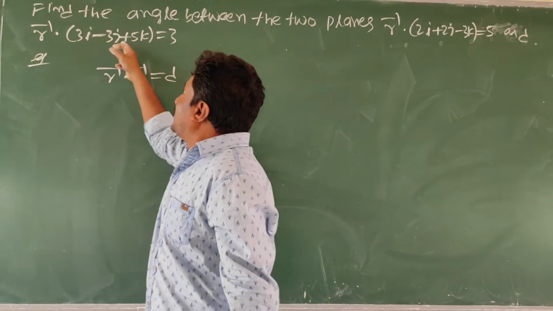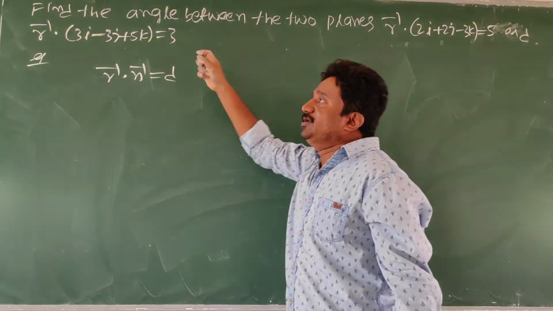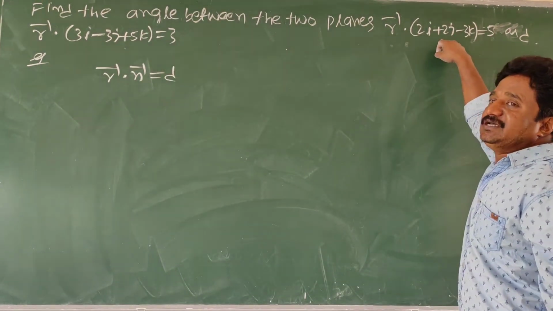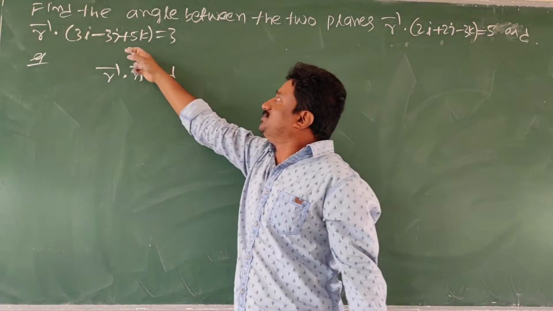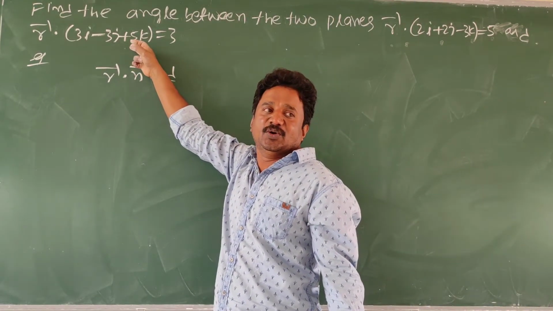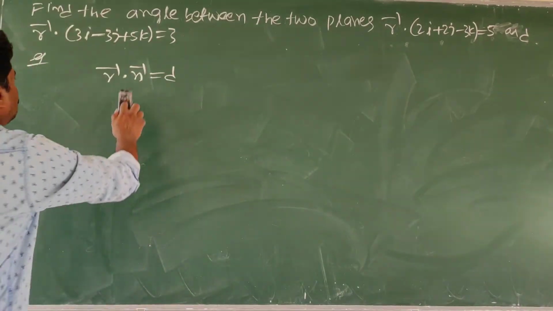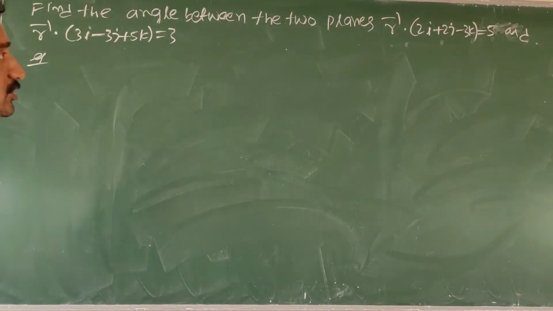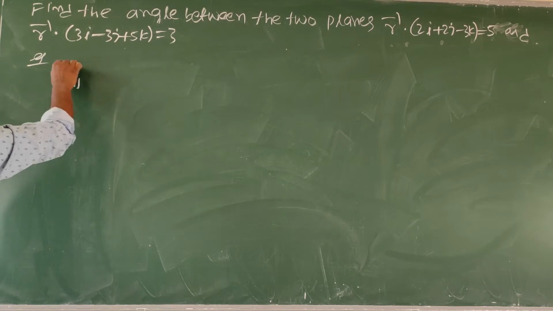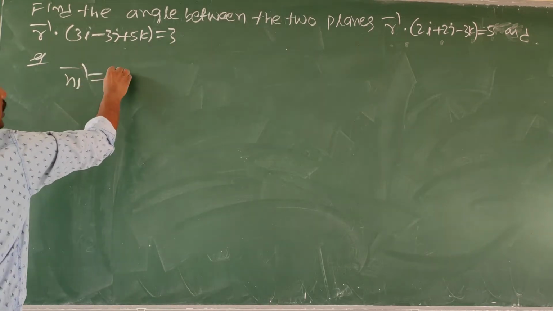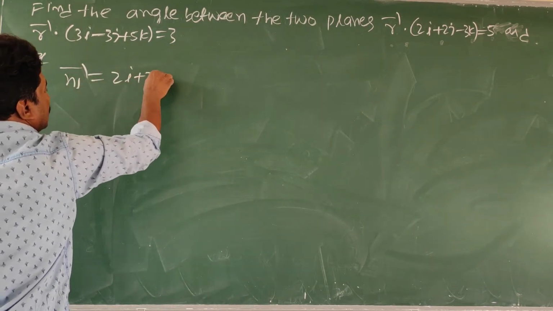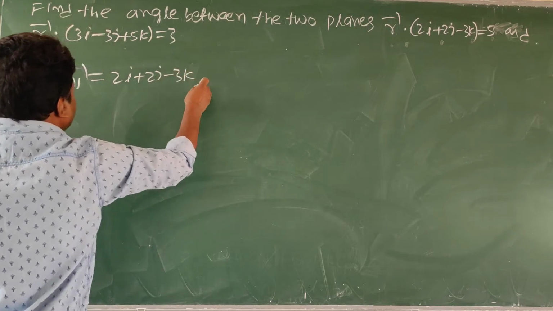You take this vector n as n1 and this vector n as n2, and find the angle by the usual method. Tell me n1, students. Normal vector n1 is 2i plus 2j minus 3k.